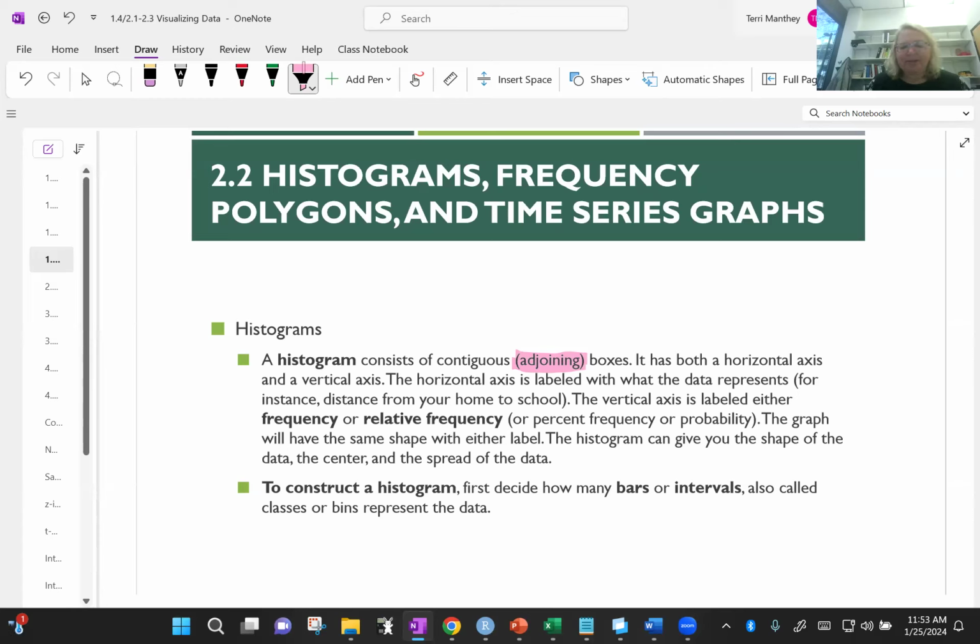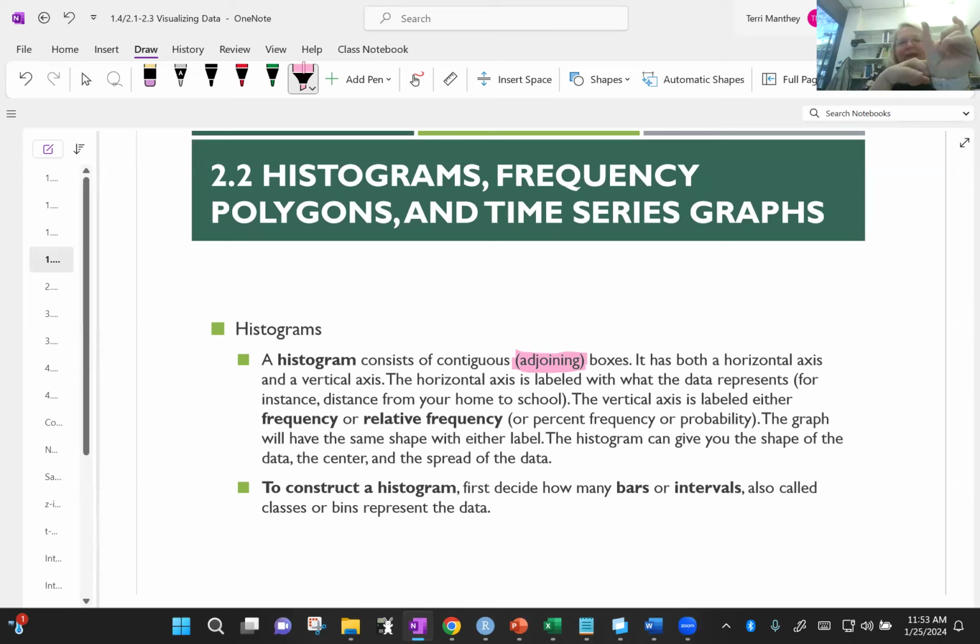The other thing I'm kind of strict about is the way the horizontal axis is labeled. It shouldn't be a problem with yours because you're going to be doing this on the computer, so it should be fine. What you're doing is that horizontal axis, don't label that like a bar graph.